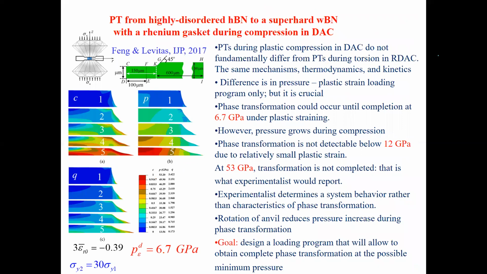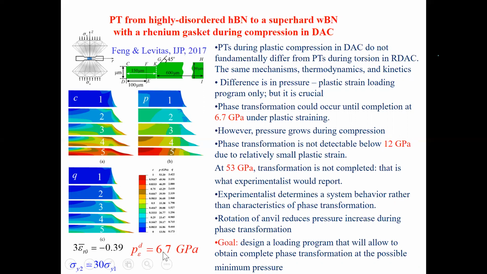And now I would like to consider the solution for just compression, hexagonal boron nitride which transforms to wurtzitic boron nitride, with a rhenium gasket. And we use our model for plastic strain-induced phase transition. And we use such minimum pressure for direct phase transition, which comes for strain-induced phase transition, from experiment. And what does it mean?